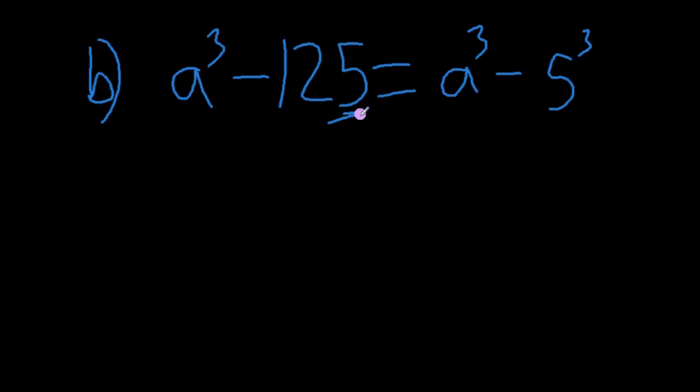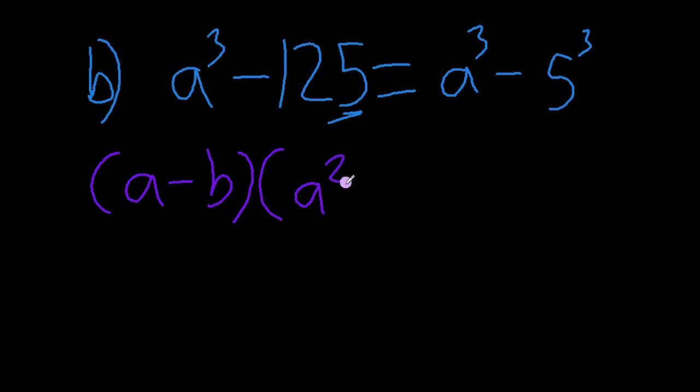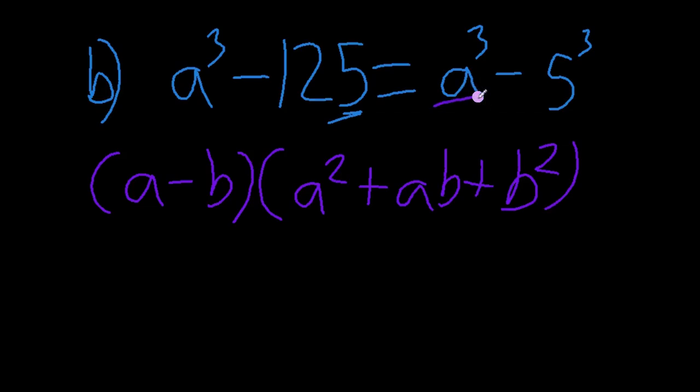I'm going to rewrite my formula of difference of cubes, which is a minus b times a squared plus ab plus b squared. In this case, my a is a and my b is going to be 5. So I'll just start plugging in.